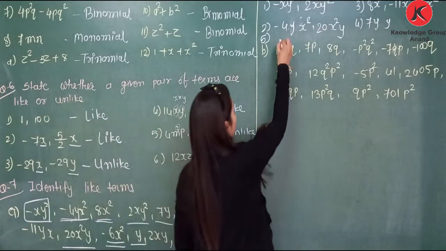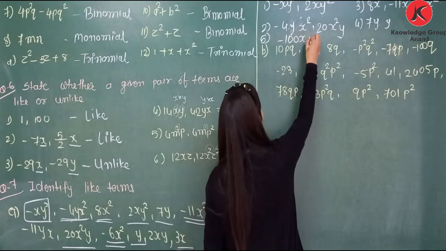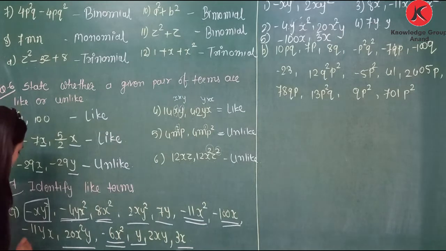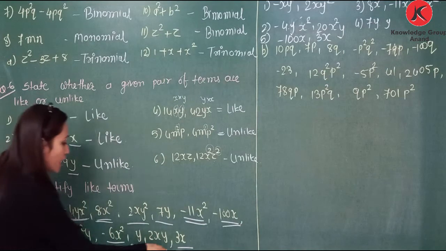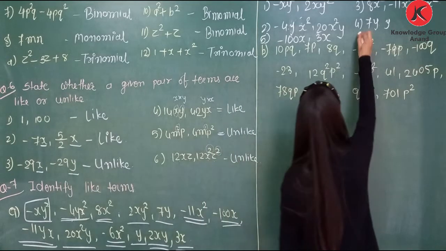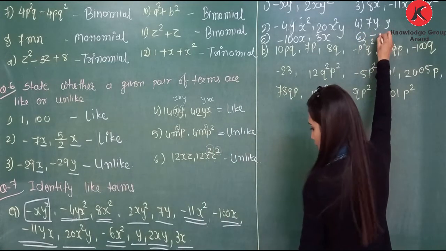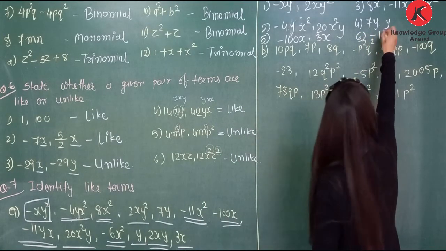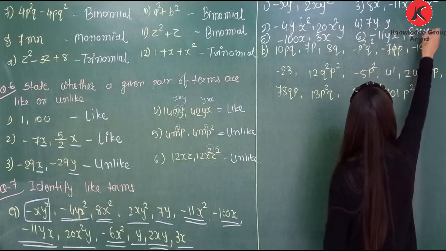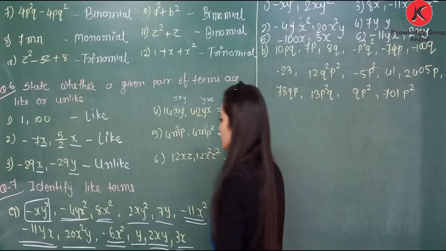So you can write it is minus 100x and 3x. And next, minus 11yx and 2xy. Yx and xy are the same. So here the sixth pair is minus 11yx and 2xy. So these are the like terms.